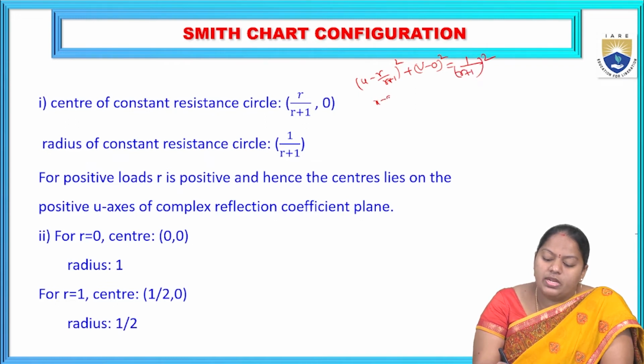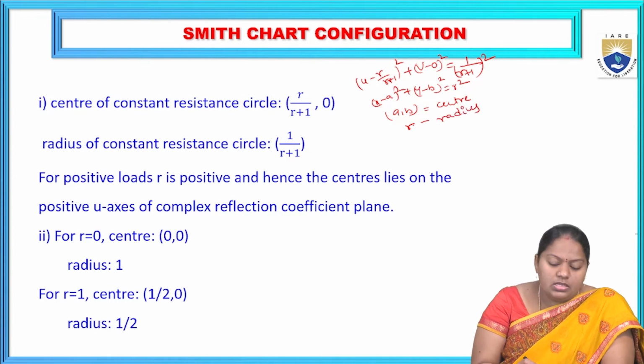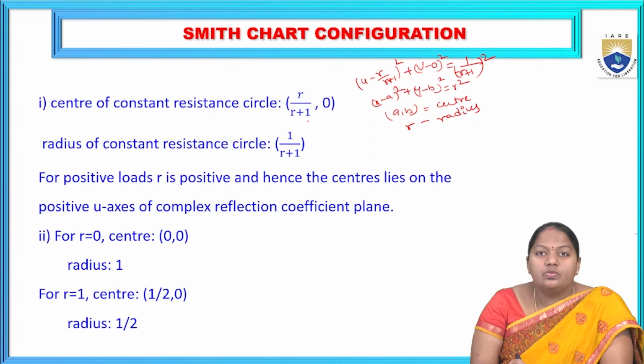So from this, (x - a)² + (y - b)² = r². Now from this, (a, b) represents the center and r is the radius. Depending upon this, the center is given by (r/(r+1), 0) and the radius is given as 1 by r plus 1.